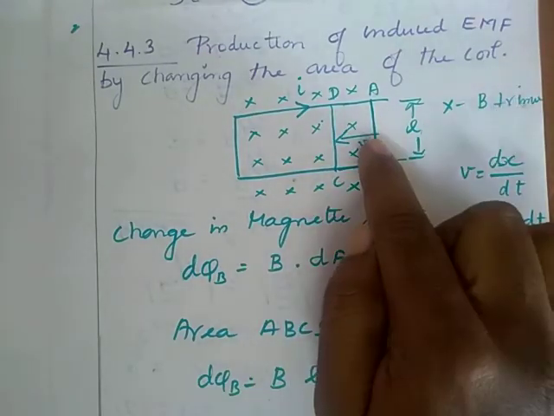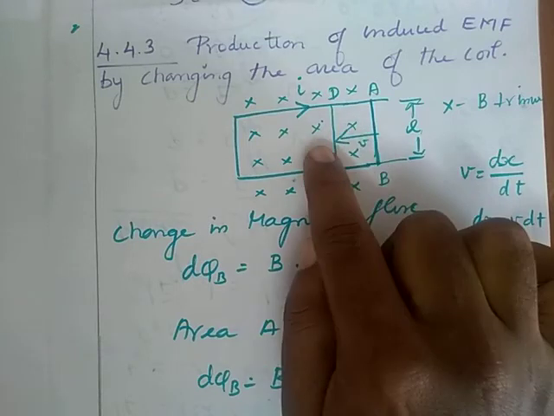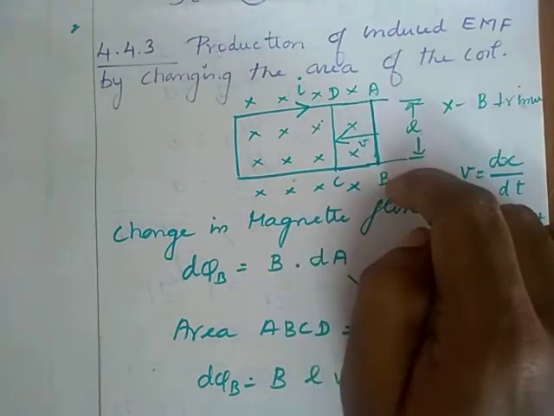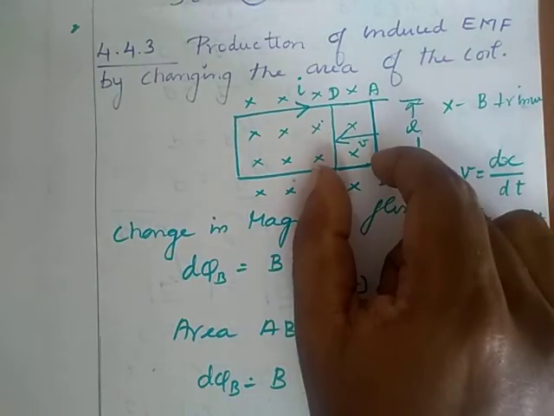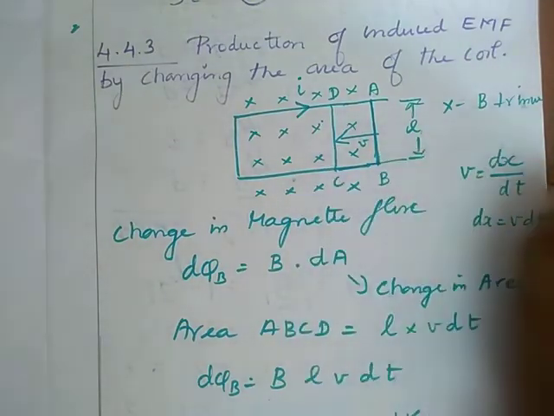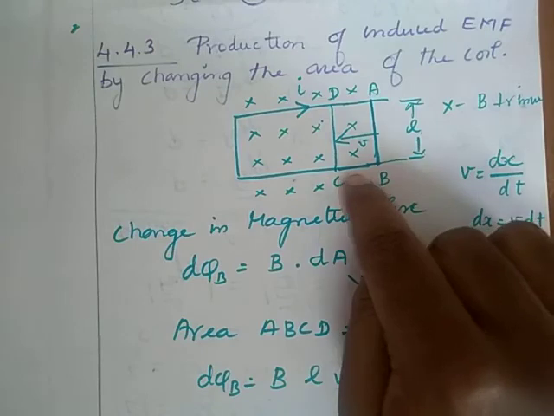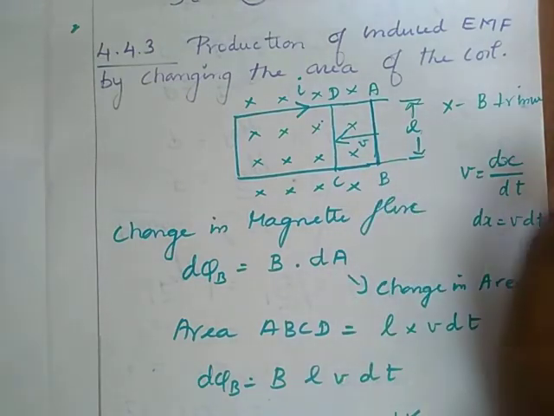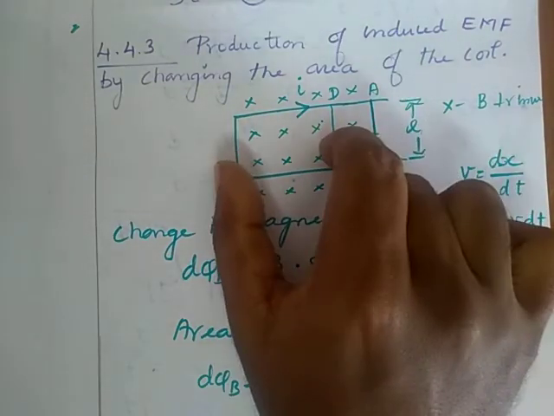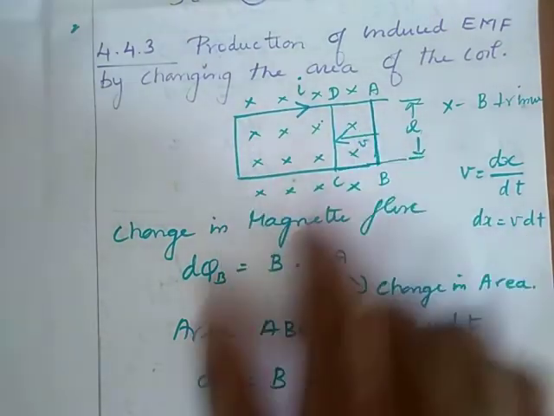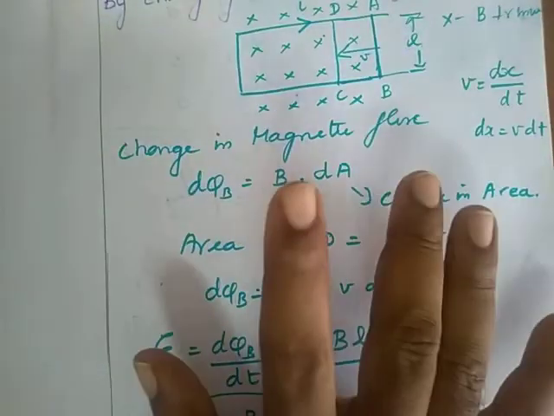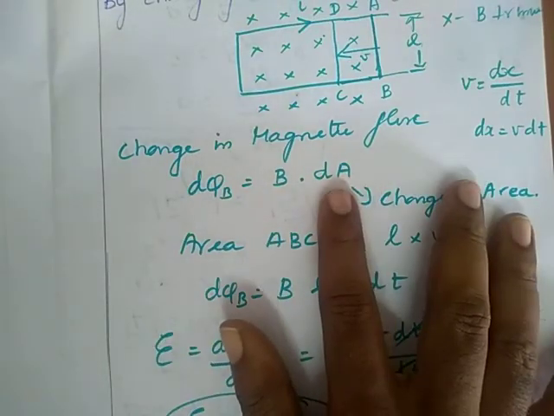Then it changes its position from AB to DC in a time interval dt. It crosses a distance dx, which I represent here. Then the area and the number of magnetic field lines also change. That means the flux changes.